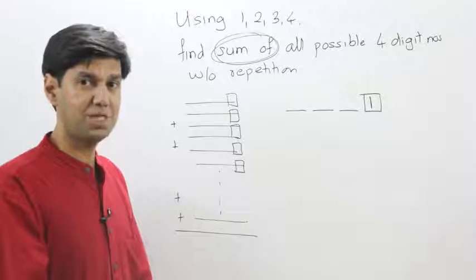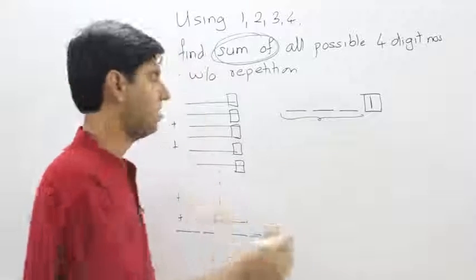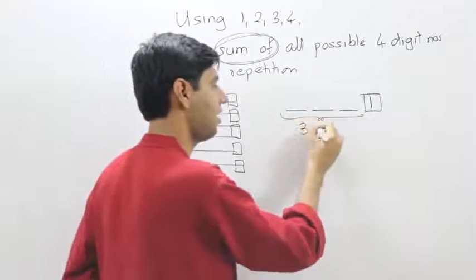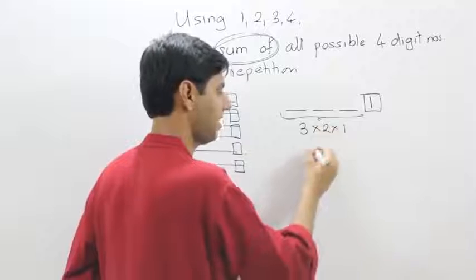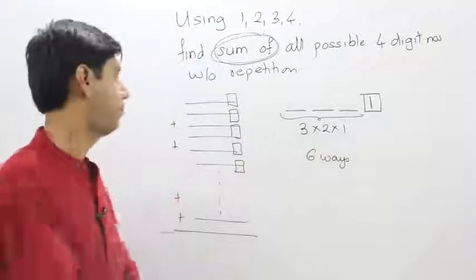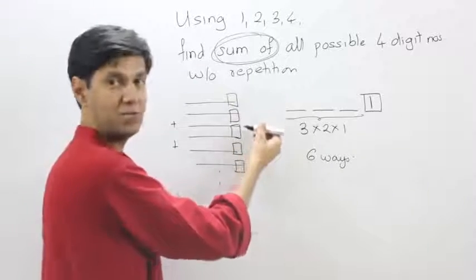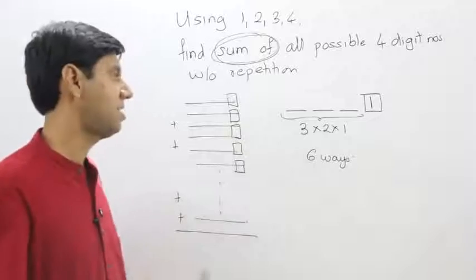How many such numbers can be formed? The other 3 positions could be filled with 3 digits, so 3 into 2 into 1, that is 6 ways. So there are going to be 6 numbers which have the digit 1 in the units place. So when I add them, 1 plus 1 plus 1 plus 1, 6 times, is nothing but 6 into 1.